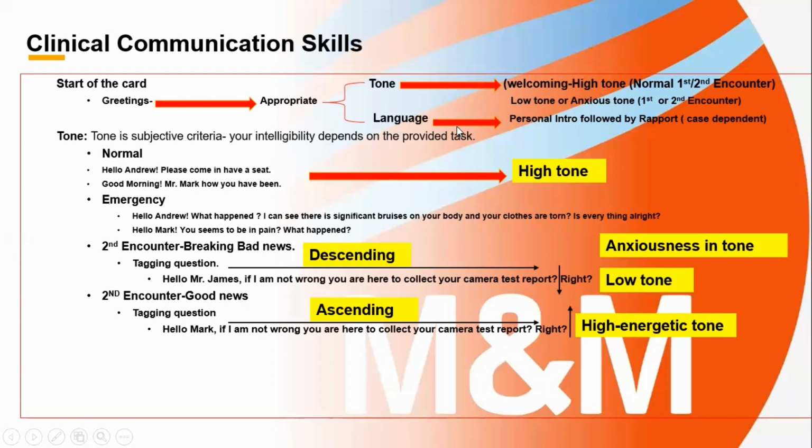Then the language part. In the language part, we have to use relevant language according to the scenario. So I'll explain it in detail in the three possible encounters one can have in the speaking.